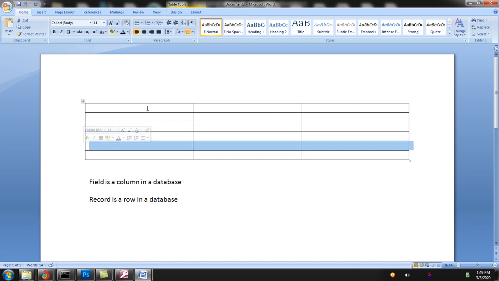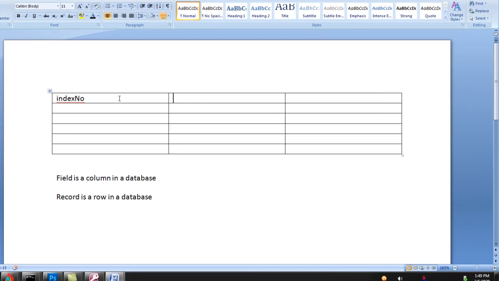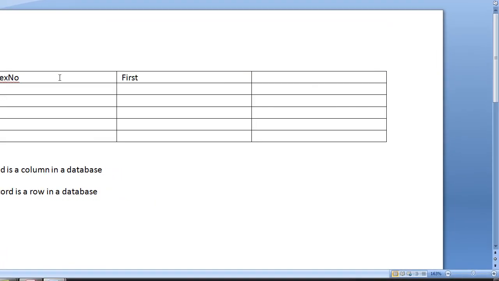So we have what we call field names. Those are the captions on top, like the index number of a student. Then we can store data related to someone's first name, or what we call a Christian name. And then we have the last name, which is kind of like a surname.